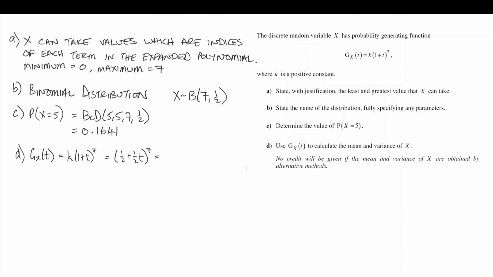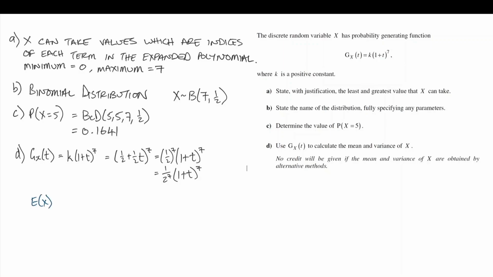If we were to take that into the original form, we would need to factorize out the half. When we factorize out the half, it needs to come with the power of 7. So on the outside, we would have 1 over 2 to the power of 7, and then these brackets. That lets us know that k is actually 1 over 2 to the power of 7. That's the value of k.